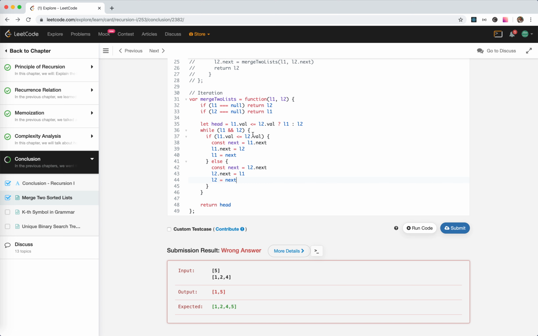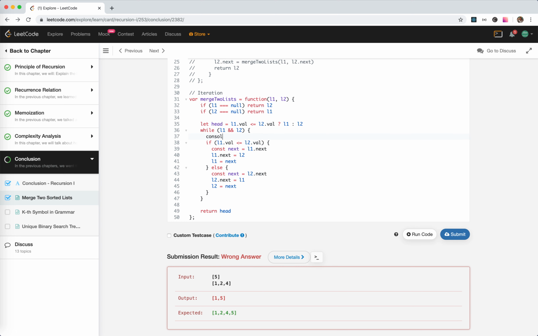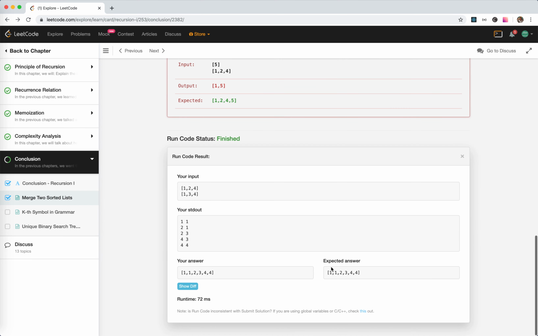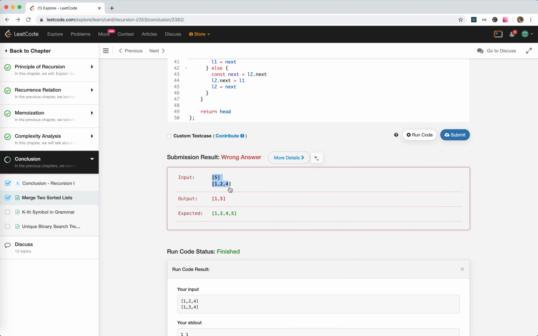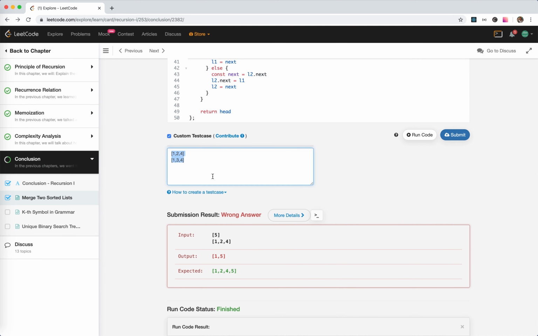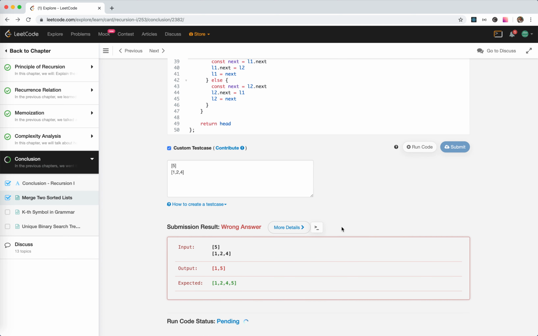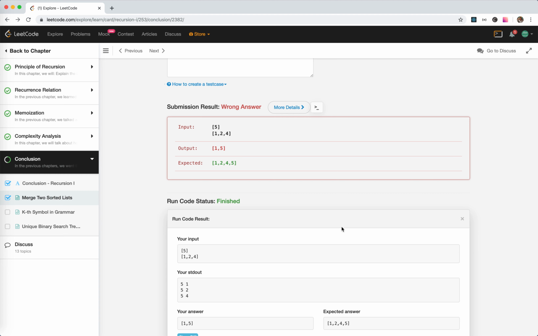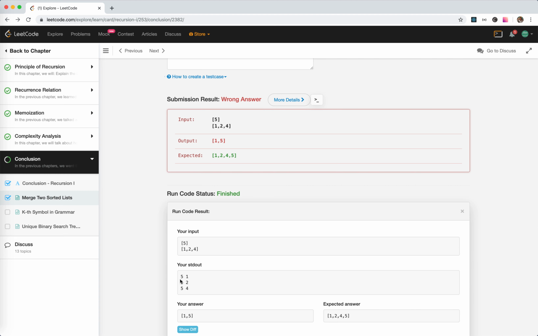What's the problem? Let's just log L1 val, L2 val to see if anything is wrong. We got 5, 1, 5, 2, 5, 4.